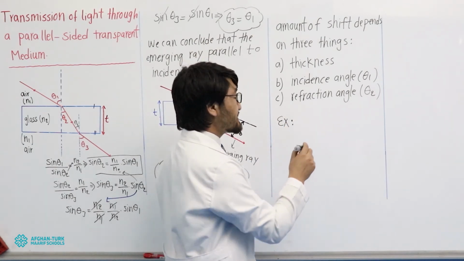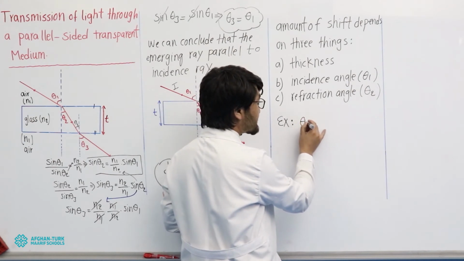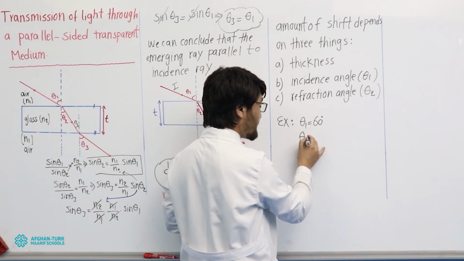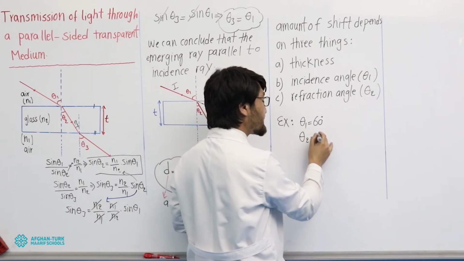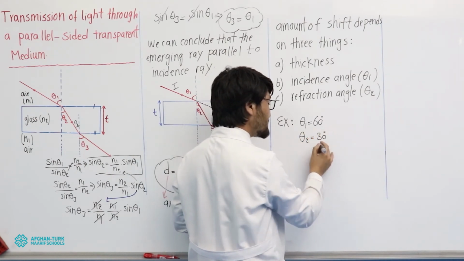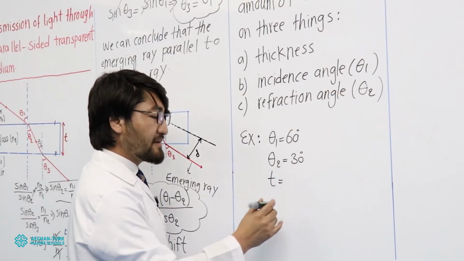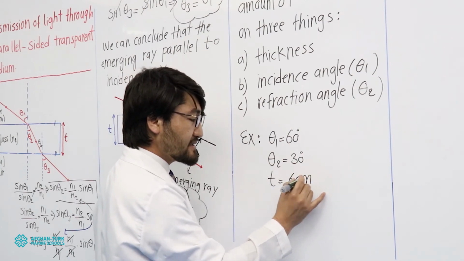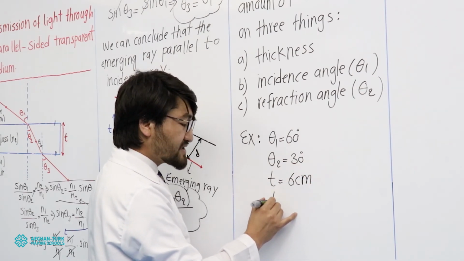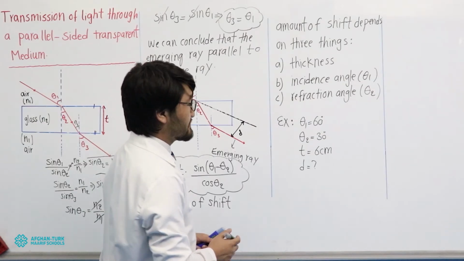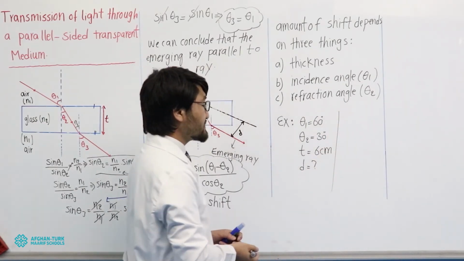The incident angle is 60. The refraction angle is 30. The thickness of the parallel-sided transparent medium is 6 centimeter. Find the amount of shift. We must find D. Let's solve this question.